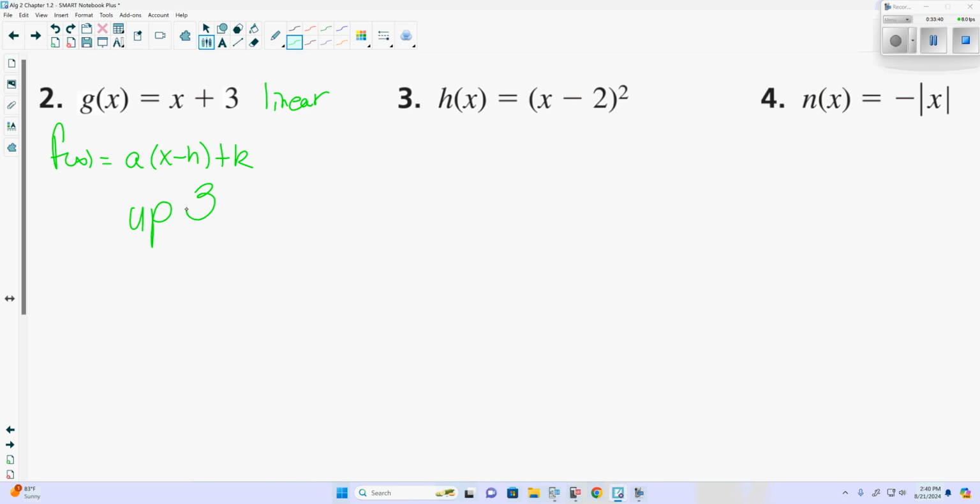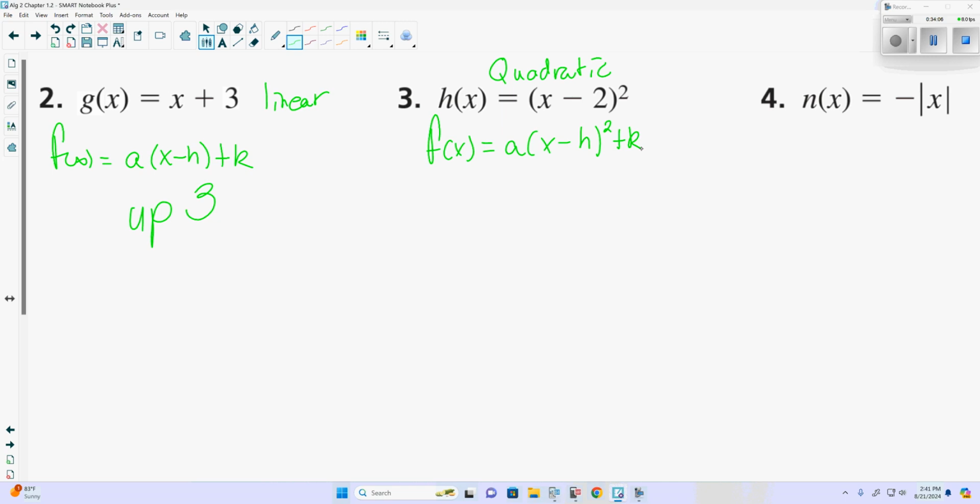So number 3. Before we get to that, is it linear, absolute, or quadratic? Quadratic. I'm going to write the general form. So our 2 is connected with the h, yes, because it's inside.